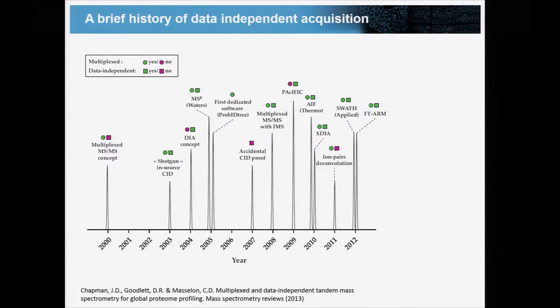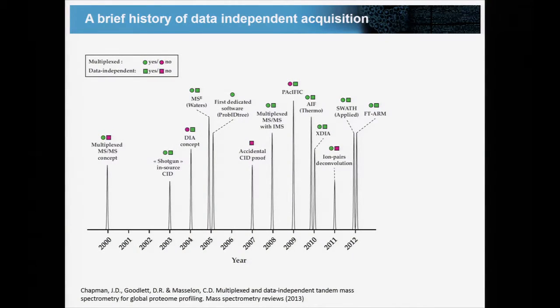Later there was a paper from Dave Goodlett where he called it shotgun in-source CID, and here they basically fragmented everything. It looked a little bit like the modern implementation of MSE. The paper many people are familiar with is this one from John Yates in 2004, where they introduced this term DIA, data independent acquisition, and also introduced this idea of windowed acquisition, slicing up the precursor mass-to-charge range in windows of 10 Daltons or 20 Daltons or something like this.